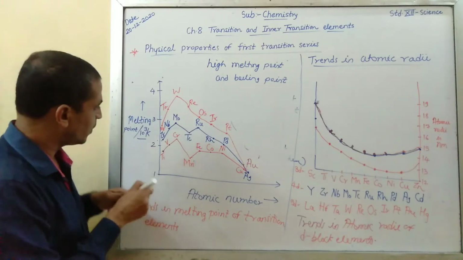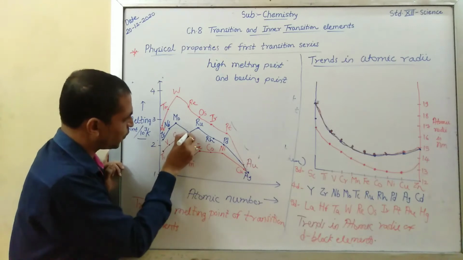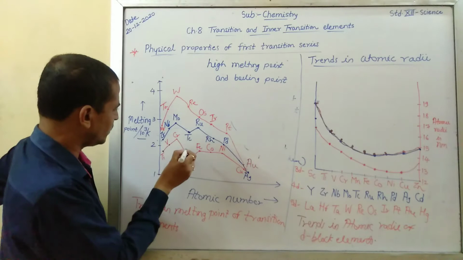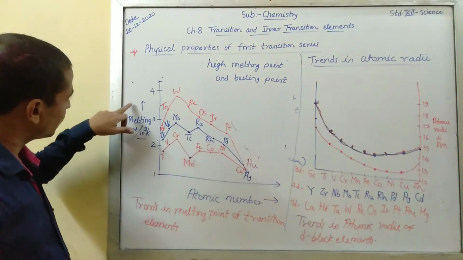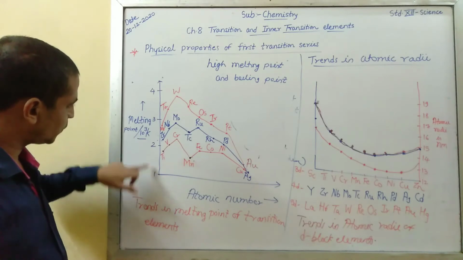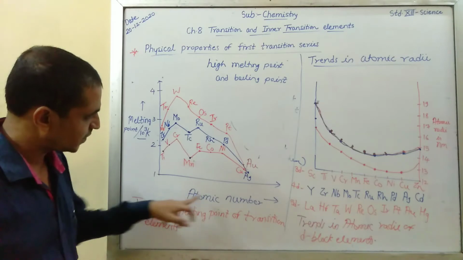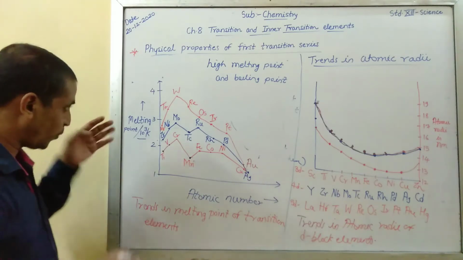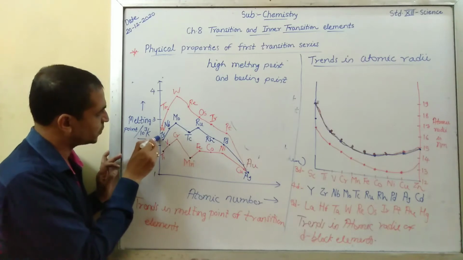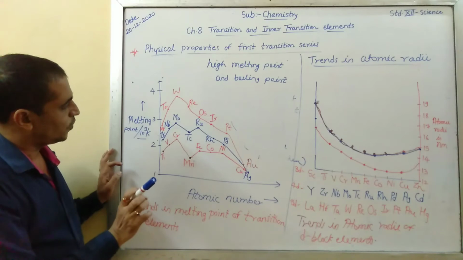Now see, on the y-axis is the melting point per 10 raised to 3 Kelvin, 1000, 2000, 3000, 4000 Kelvin, and on the x-axis is the atomic number. Now this element shows the first transition series, this element shows the second transition series, and this element shows the third transition series.